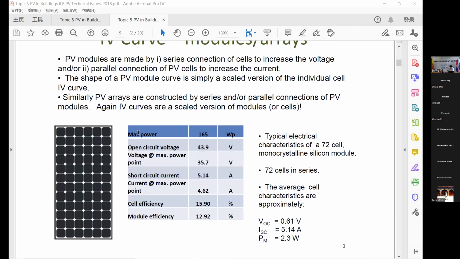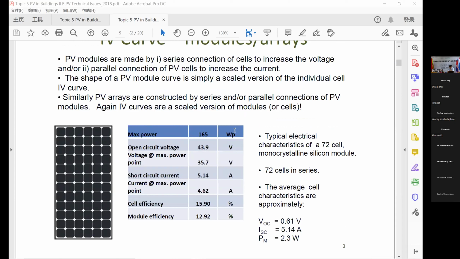Normally they will say 165 watt peak. What is Wp, watt peak? It means the maximum output power of this PV module is 165, but this is normally unachieved.